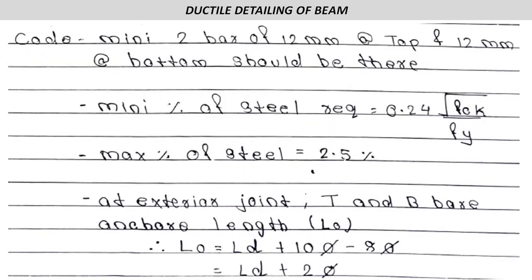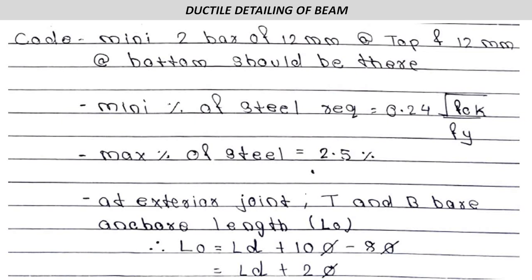Now the code says a minimum of 2 bars of 12 at top and 12 at bottom should be there. The minimum percent of steel required is 0.24 under root FCK divided by Fy. The maximum percentage of steel is 2.5 percent at the exterior joint, T and B bar.